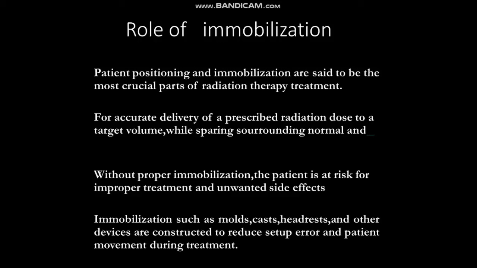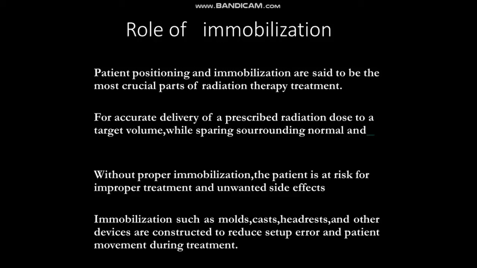On the other hand, accurate positioning combined with rigid immobilization might permit reduced margins around the target, resulting in a decrease in dose to normal tissue and a potential increase in dose to the target. The increasing use of computer tomography-based three-dimensional treatment planning programs has made highly conformal dose distributions possible, further emphasizing the need for accurate positioning.